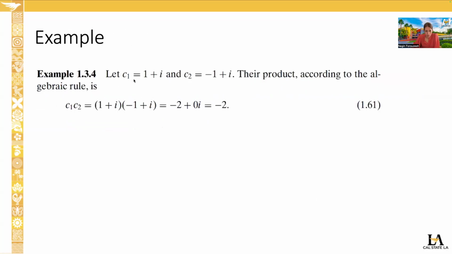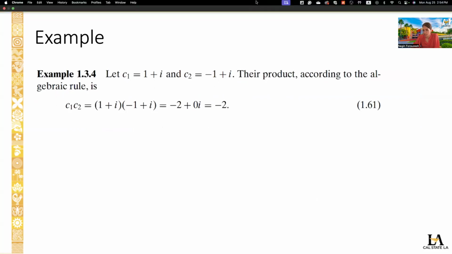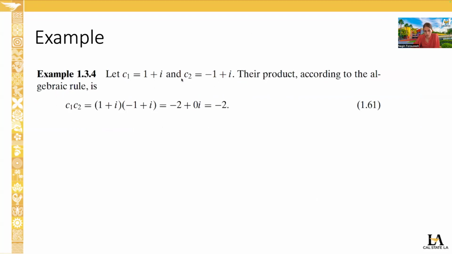So for example, if you have these 2 complex numbers, I have this beautiful example. Unfortunately, we don't have time to go through this, so I'm just simply going to share this with you after this class. So if you multiply them, you have 1 plus i and then negative 1 plus i, right? We know the rules of multiplication, so you just apply them, and this is what you get.